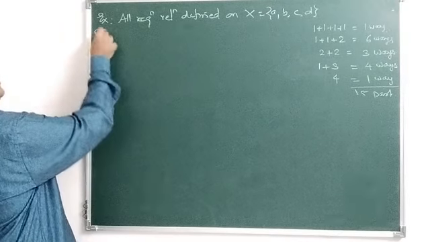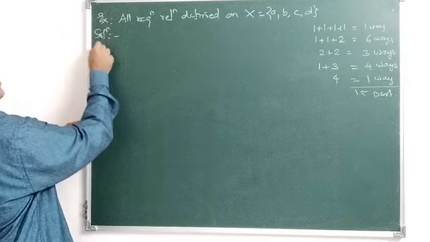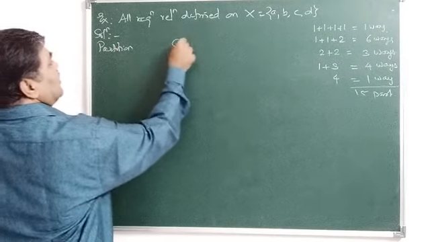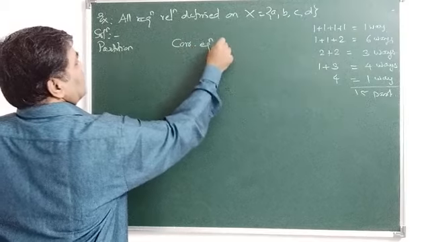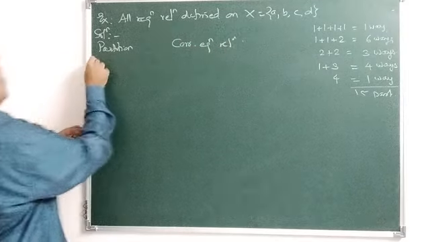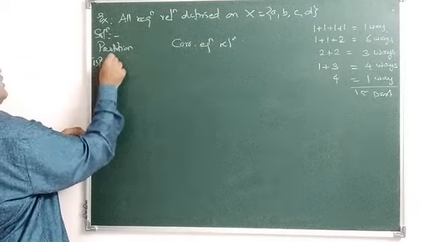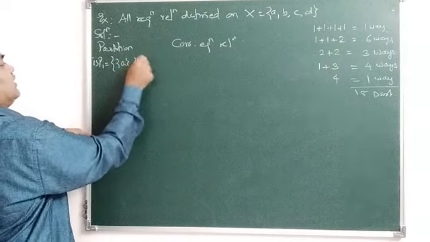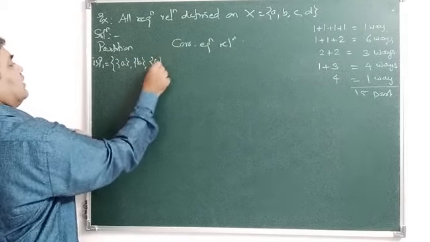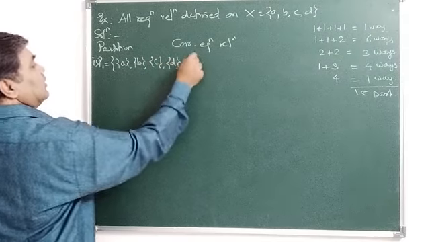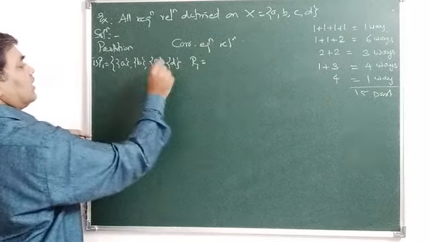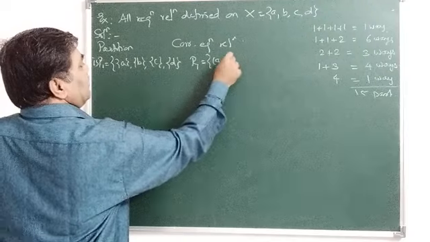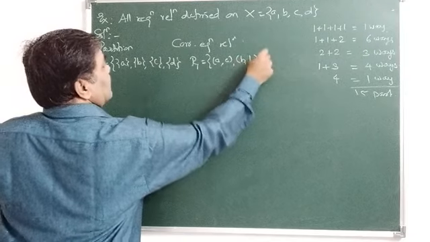Solution: I am just writing the partition and you have to write the corresponding equivalence relation. So what is the first partition? P1 is equal to singleton sets A, B, C, D. Write relation R1 containing 4 pairs AA, BB, CC, DD.